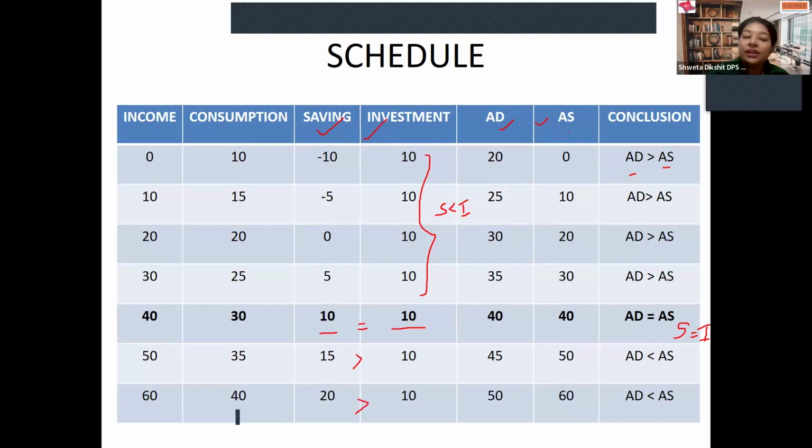If saving is greater, it means people are planning to save more and spend less. So when expenditures are less, that means AD will become less. So here you can relate AD AS with the help of S and I. They are the same things, nothing new, only it's all about the importance. This time we are giving emphasis to S and I.